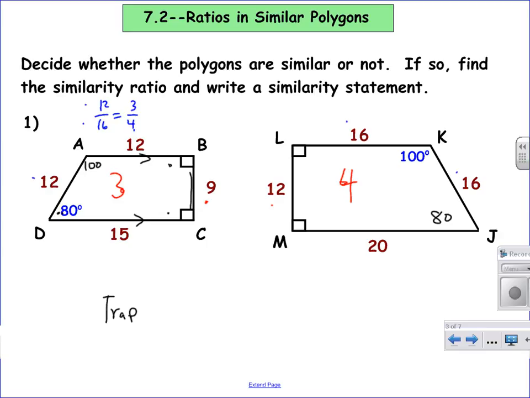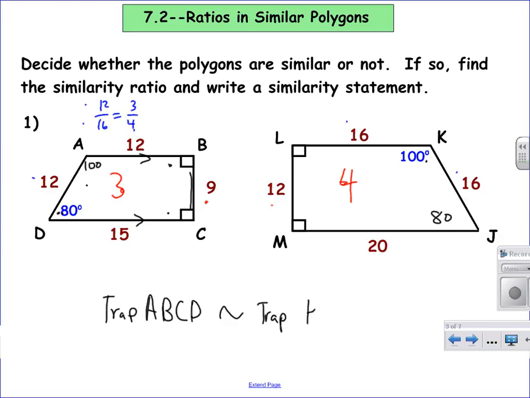All right, so now if I want to make a similarity statement, I have to line these things up. If I want to call this trapezoid ABCD, and say it's similar to, that's your sign for similar to, trapezoid, then look over at this figure here. This figure has to start at K, wherever the 100 degrees is.